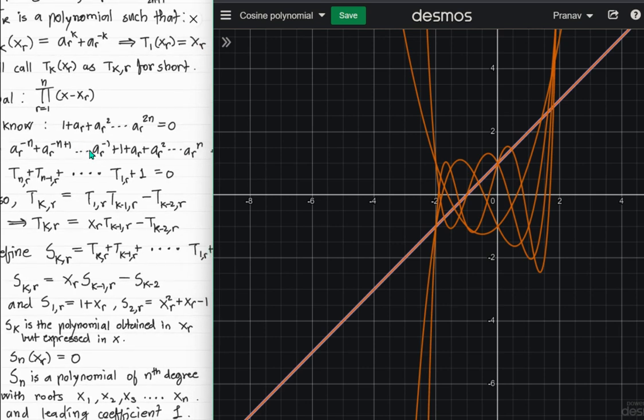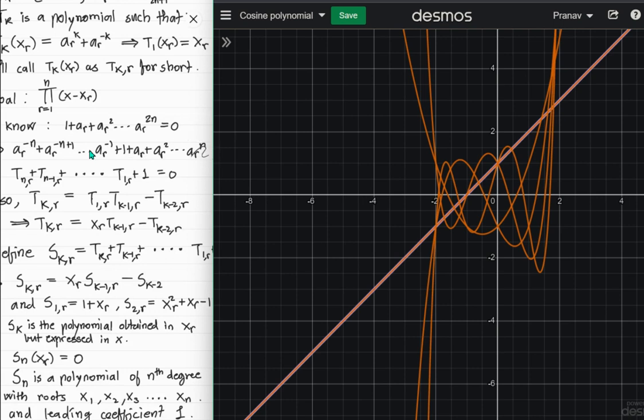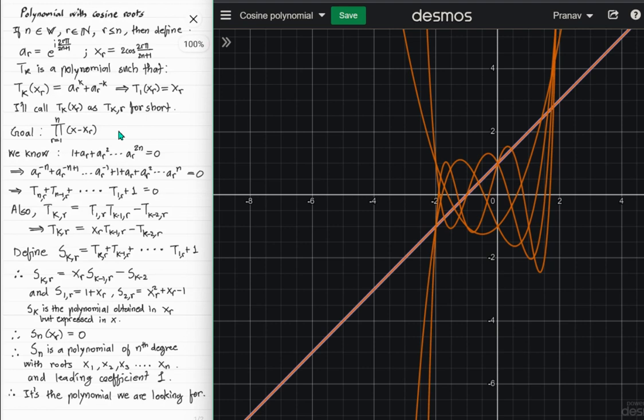I'm doing that because a_r to the power negative n plus a_r to the power n can give us a polynomial in a_r plus 1 upon a_r, and we know a_r plus 1 upon a_r is basically just 2 cosine of that angle, right? That's why we are doing this. So once you do this and you combine the terms, you basically get this thing. So you already know what t is, right? So t sub k, we define it like that.